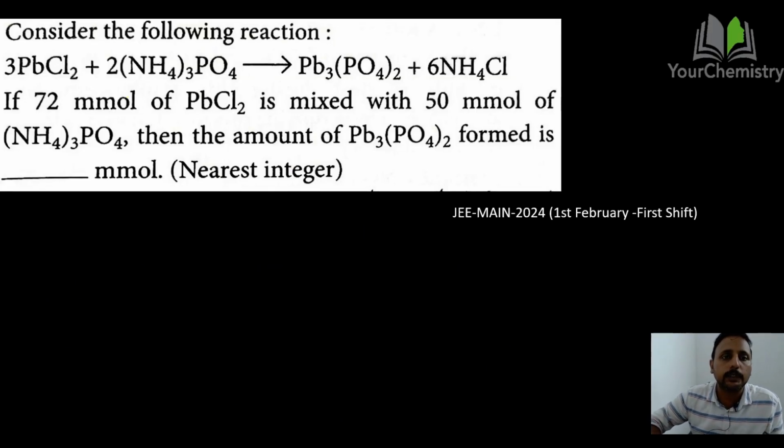So the next question: consider the following reaction. 3 PbCl2 plus 2 (NH4)3PO4 is giving Pb3(PO4)2 plus 6 NH4Cl. If 72 millimoles of lead chloride is mixed with 50 millimoles of ammonium phosphate, then the amount of lead phosphate formed is dash millimole.